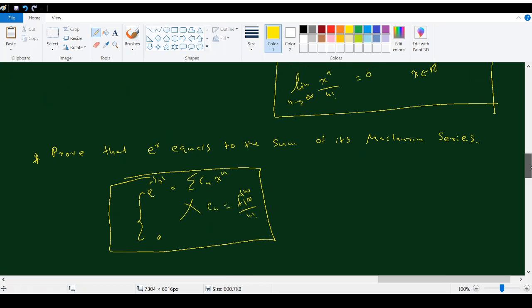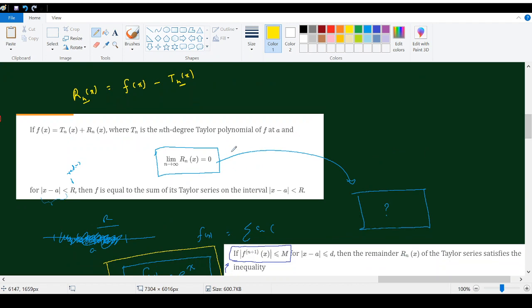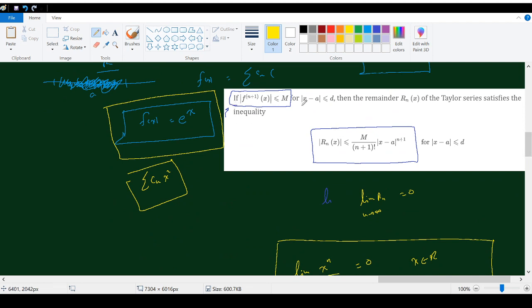So for that, we learned that the only thing required is to prove this inequality, because when you have this inequality, you have this one. When you have this one, that means you have this one. So when you have this one, it says that a power series exists. So what we are trying to do is to prove that this inequality exists.